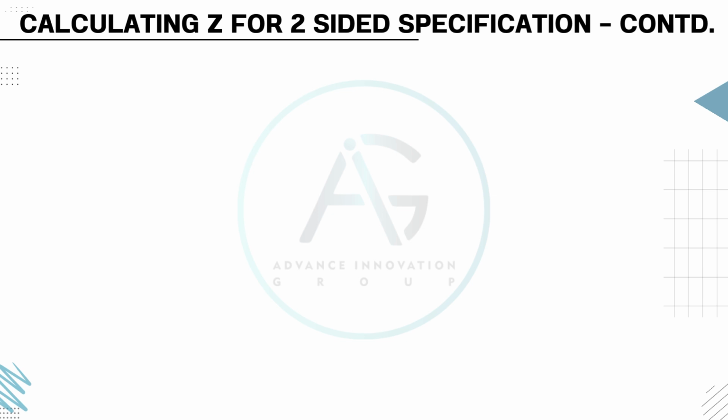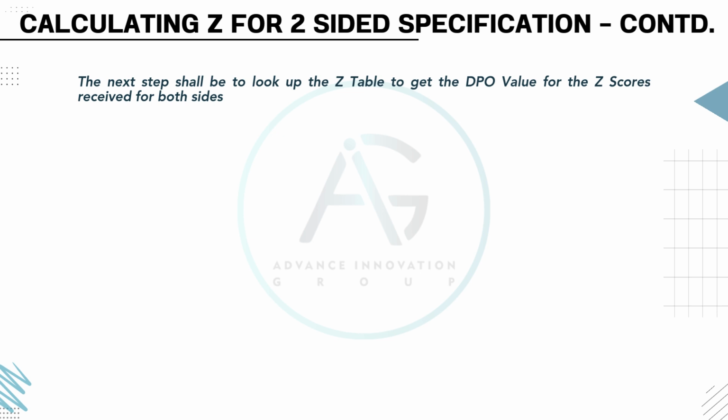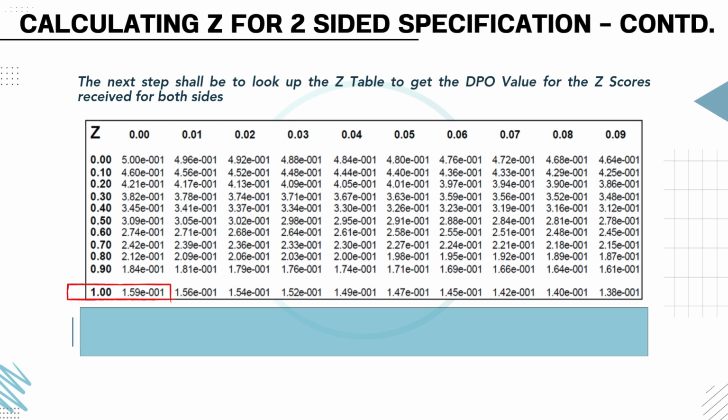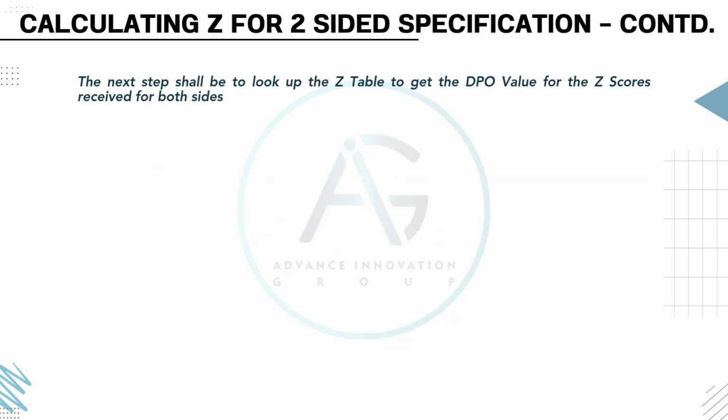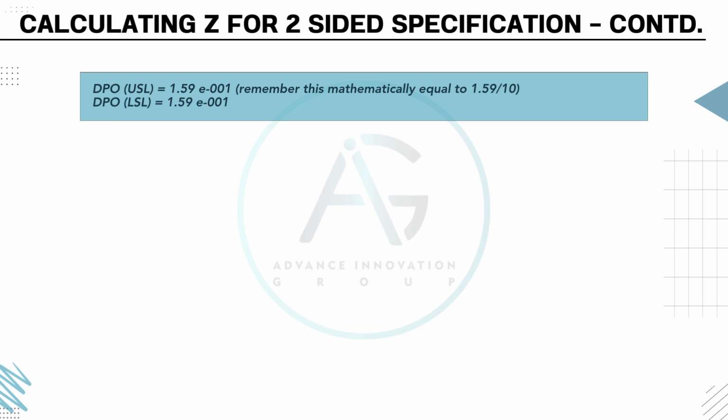Calculating Z for two-sided specification, continued. The next step shall be to look up the Z table to get the DPO value for the Z scores received for both sides. DPO USL equals 1.59 times 10 to the negative 1 power. Remember this is mathematically equal to 1.59 divided by 10.